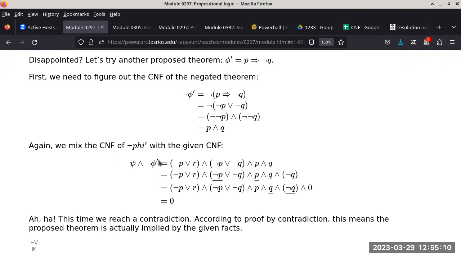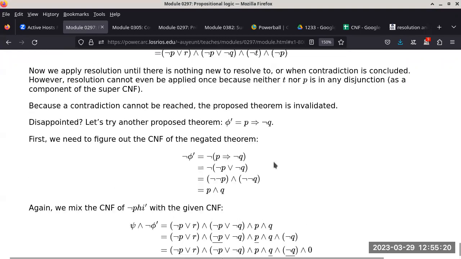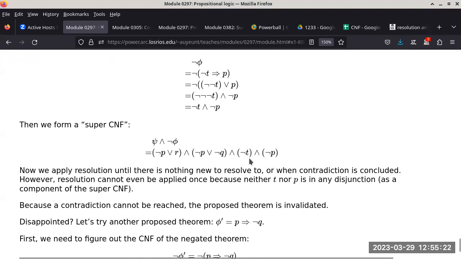Yes. So to have the theorem be invalid, you have to not be able to do resolution, or can you still? That is correct. So if you get to the point where you cannot resolve any further, like this one here, and yet you're not getting the zero, the false, that means whatever phi, in this case, to begin with is not implied by psi.